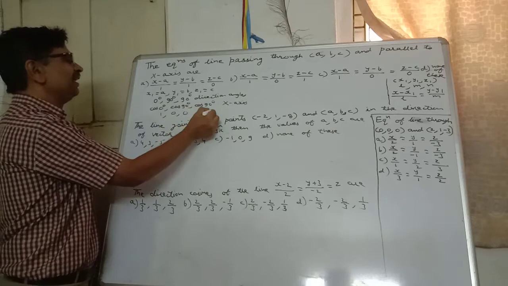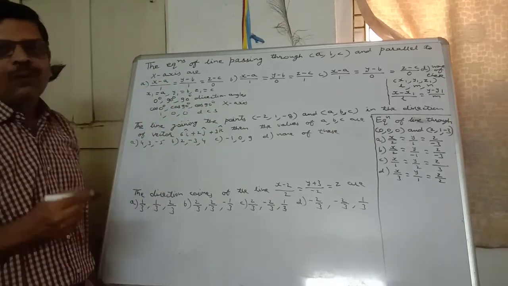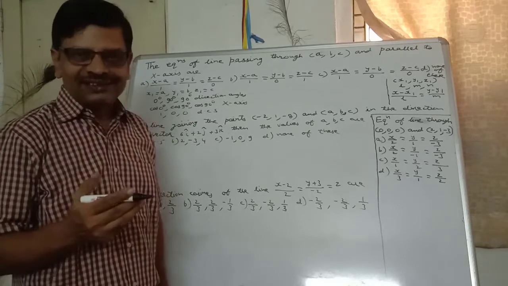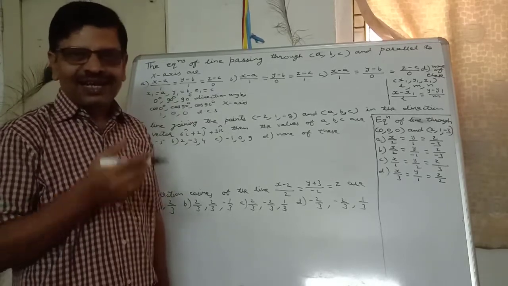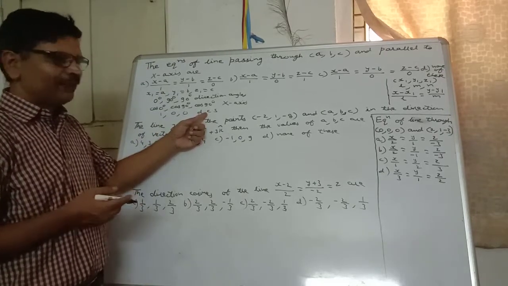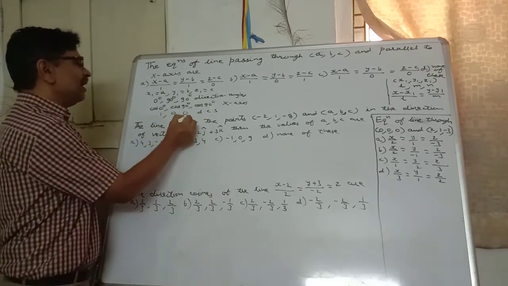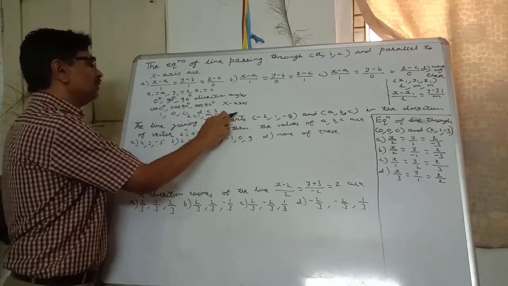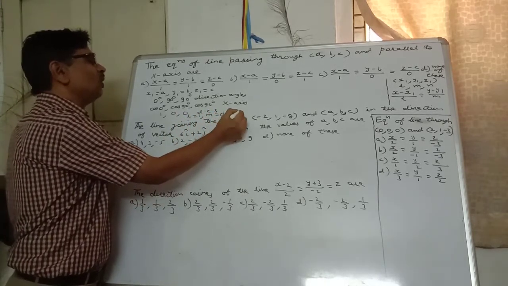So these are the direction cosines of the x-axis. For all parallel lines, the direction angles are the same, so the direction cosines are also the same. So here we get L equal to 1, M equal to 0, N equal to 0.